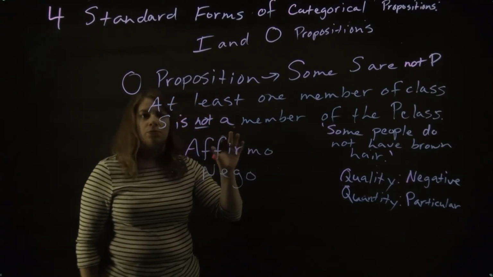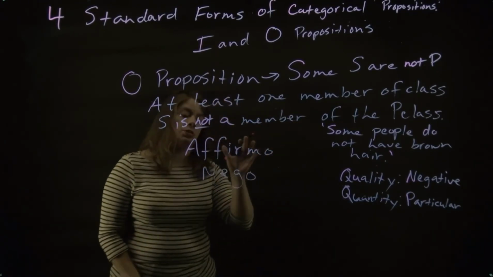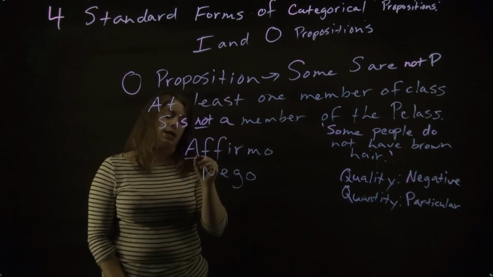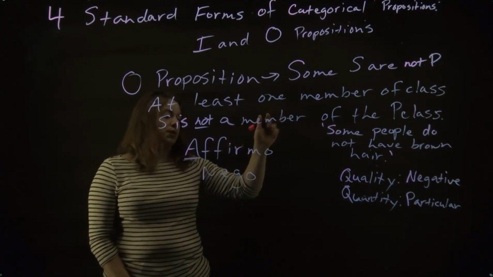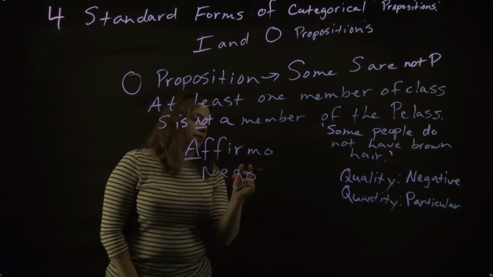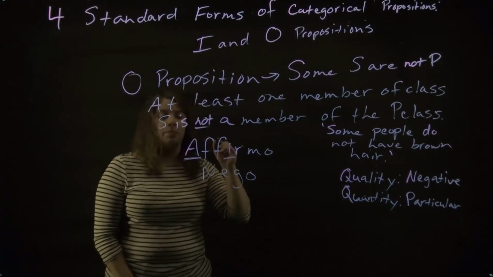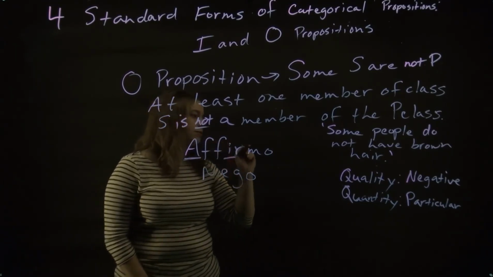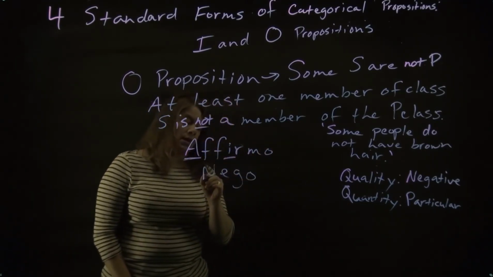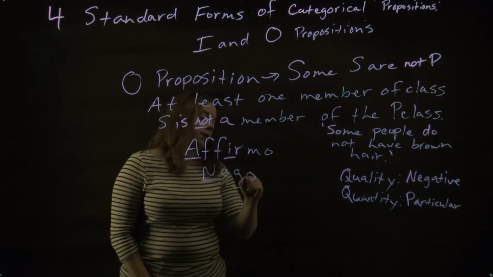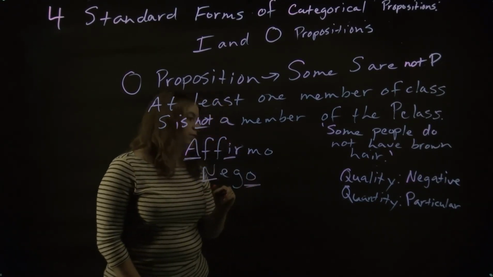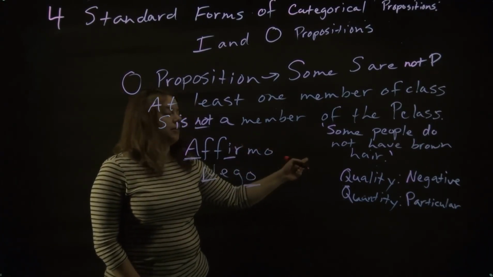The medievals would use A for the universal affirmative claim, I for the particular affirmative claim, E for the universal negative claim, and O for the particular negative claim.